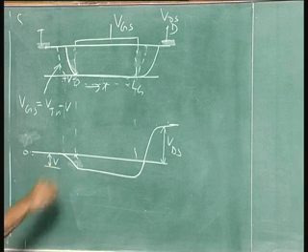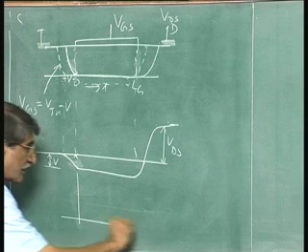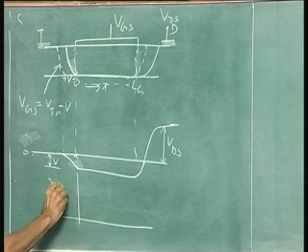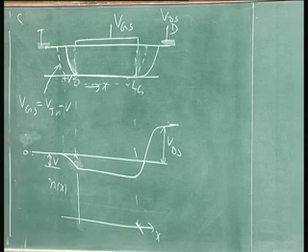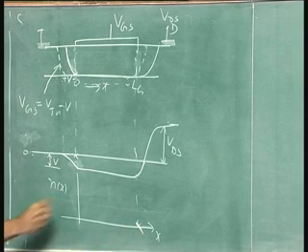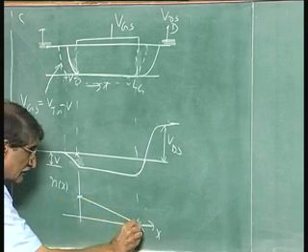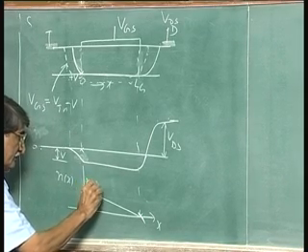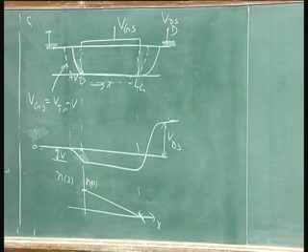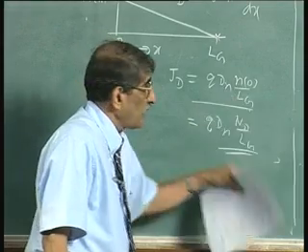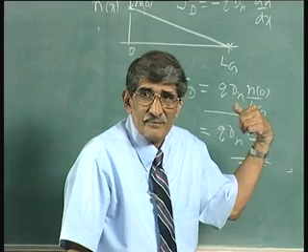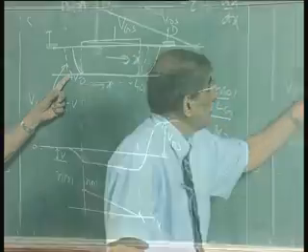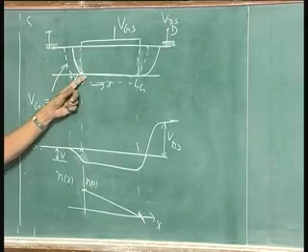So, what is the carrier concentration here now? If I plot n of x versus x, that is 0 there, and here it is some n 0. Same expression, the drain current is that; the only difference is n 0 in this case is smaller compared to what it was. n 0 is smaller because there is a depletion layer from here to here.